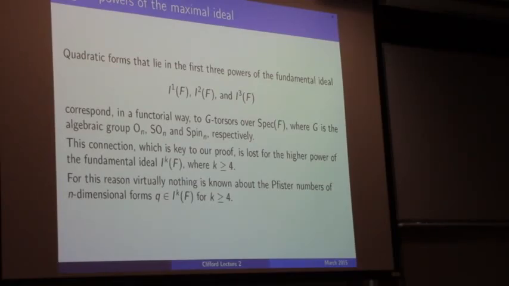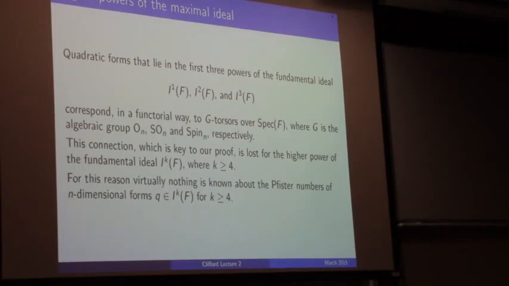So the Hasse-Witt invariant for I3 is 0? Yes. So I3, the Hasse-Witt invariant is the third Milnor functor. So that will be zero.